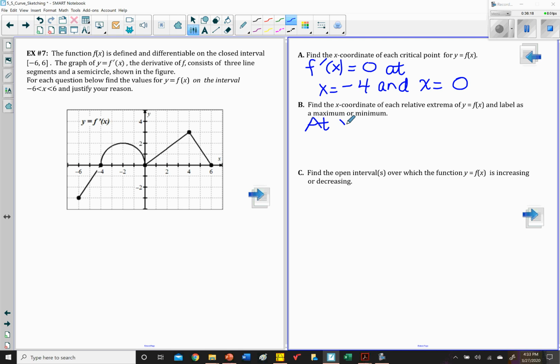So at x equals -4, our derivative changes from negative values to positive values, and where that happens, we're going to have a minimum.